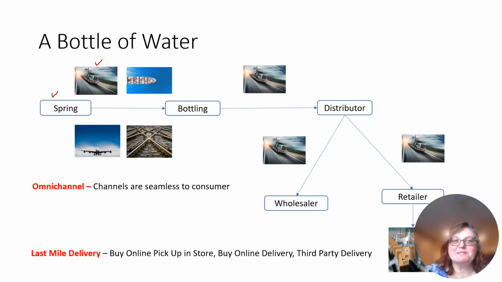Pipeline is the cheapest. I'm not sure if there's a pipeline for water, but I know that's gasoline, which I kind of described in my introduction video. But then you would go ship, or intermodal, where the ship goes to the port, unloads the containers, and the truck picks them up, right? You have rail.